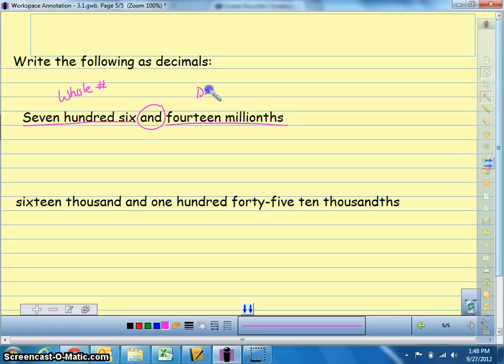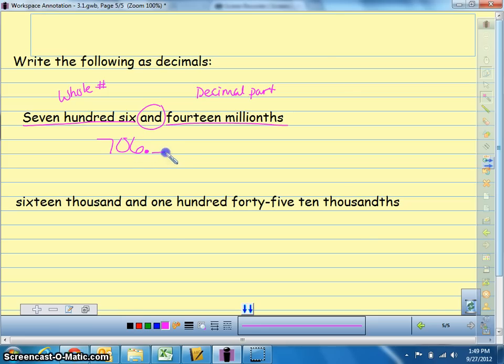This is my decimal part. And this is my decimal point. So I'm going to get my decimal point in there. 706. 706 and 14 millionths.